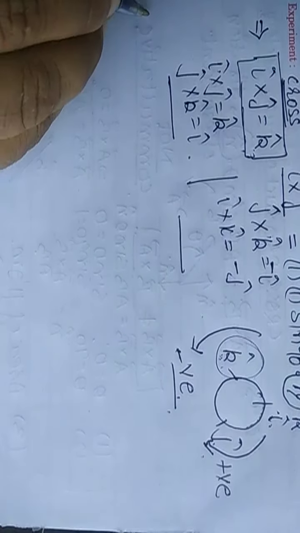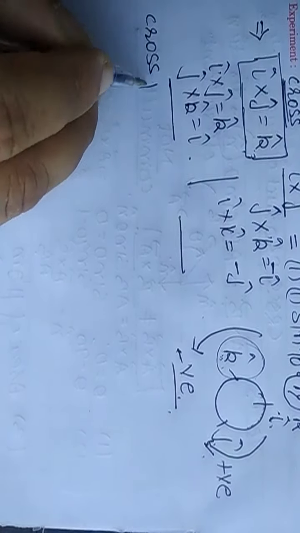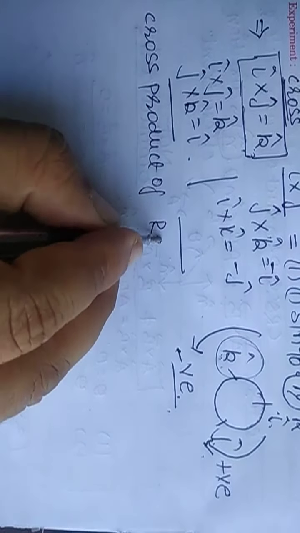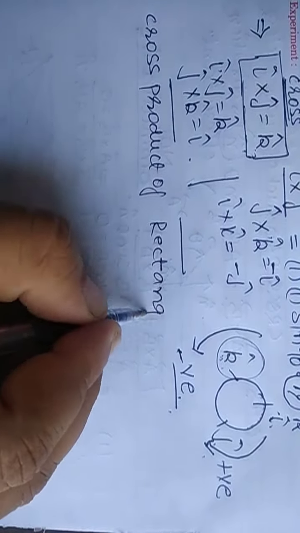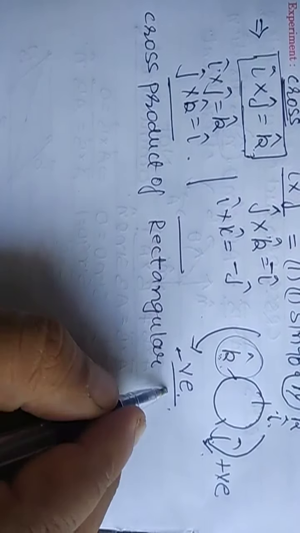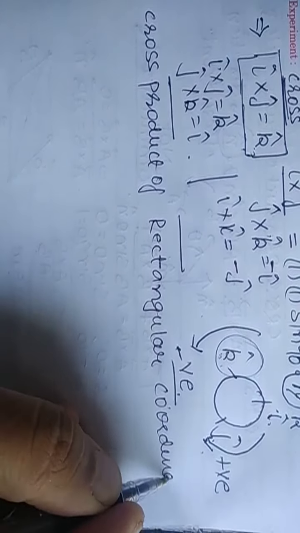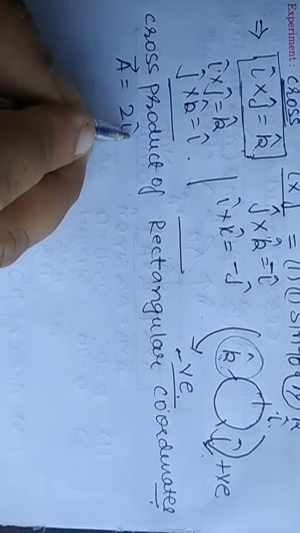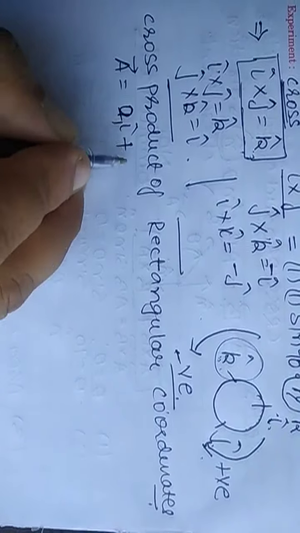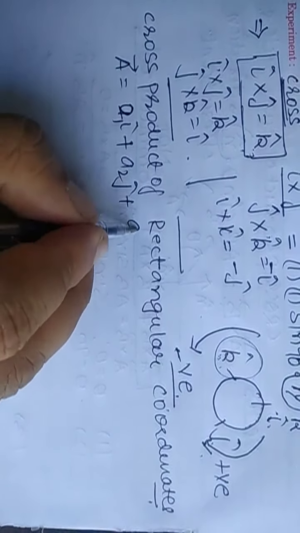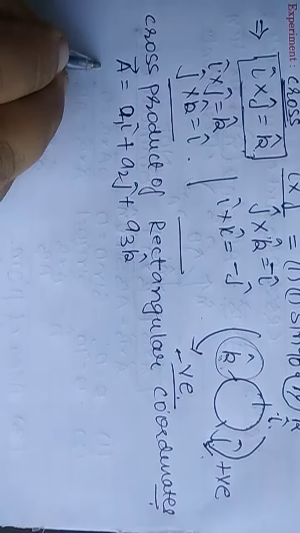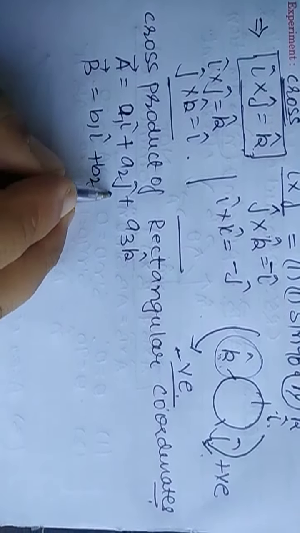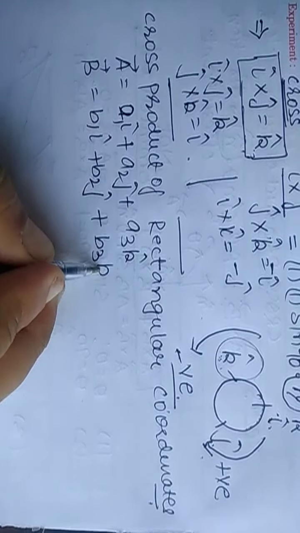Next we come to the cross product in a rectangular system, rectangular coordinates. Let us suppose a vector is given to you, a1 i plus a2 j plus a3 k, and b vector is equal to b1 i plus b2 j plus b3 k.